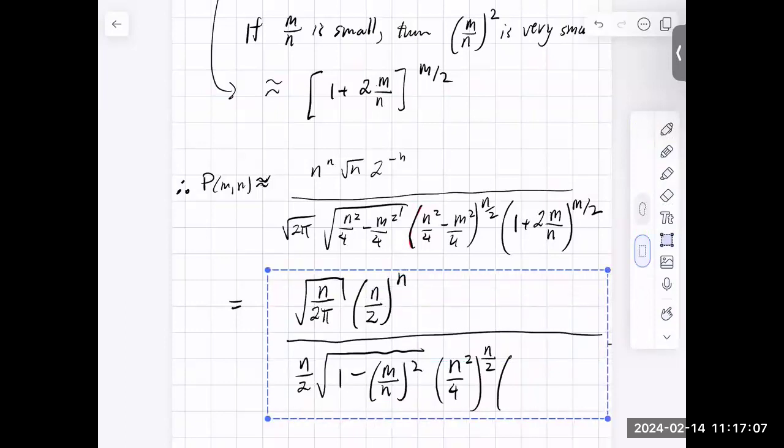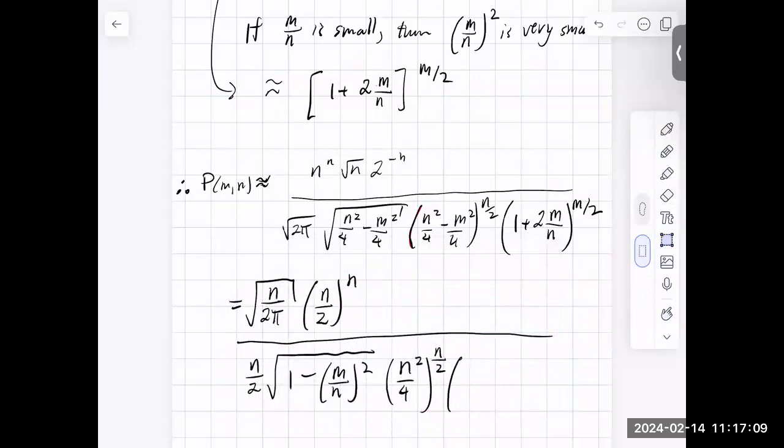Let's move some of this over. So we're going to get 1 minus, I took out the 4 here, so that's already gone. So we have an m squared divided by n. And that's all to the power n over 2. Okay, so far so good.